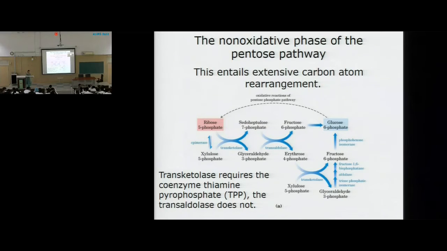Very good. So what I want to highlight in this slide is that for the transketolase reaction you will require thiamine pyrophosphate. Thiamine is the active compound, thiamine or vitamin B1. And if you remember, what is the role of transketolase? Is there any diagnostic role?